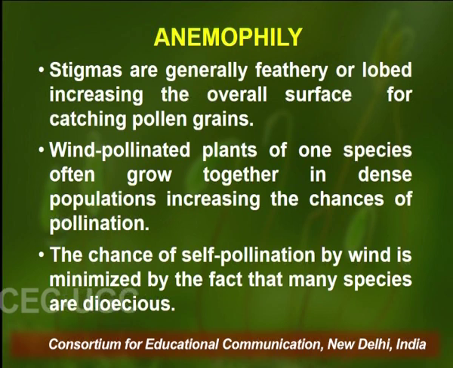Stigmas also have to be really efficient, so that they are able to catch all the pollen which are available. So, stigmas are generally feathery or lobed. Being feathery or lobed increases the overall surface area of the stigma, and they are able to catch more pollen grains. Wind pollinated plants of one species often grow together in dense populations.